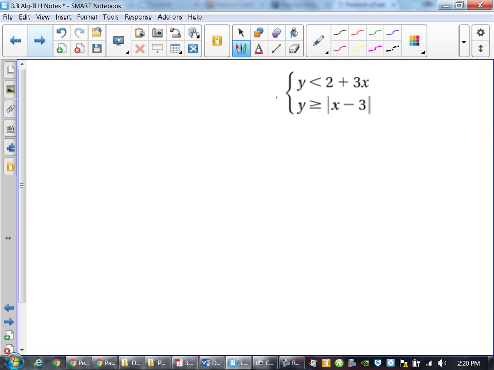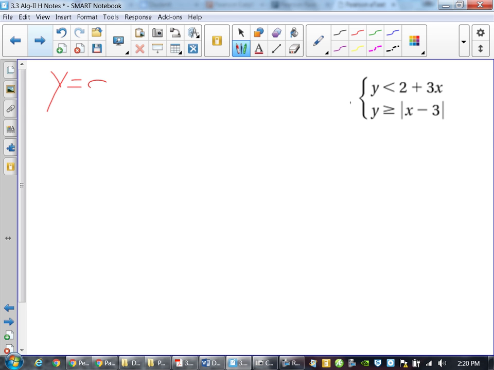The standard form of an absolute value is y equals a absolute value x minus h plus k, where h and k are the vertex-ish of where the two sides of the absolute value meet. Because remember, absolute value is linear, it's symmetric linear. So positive slope one side, opposite of that the other side. It just folds into itself.